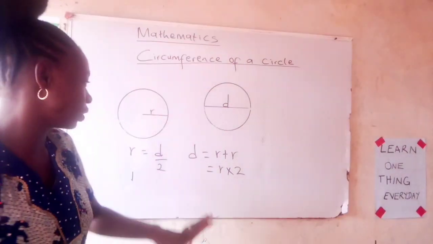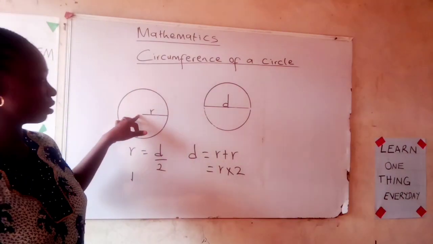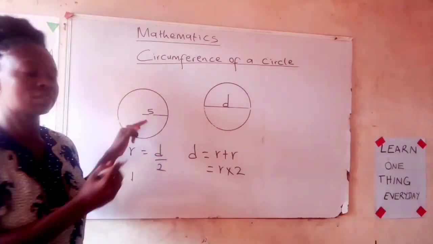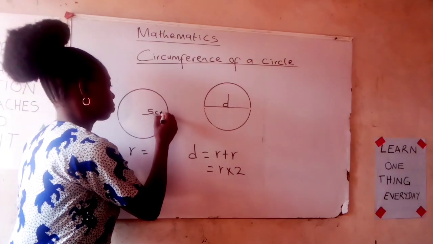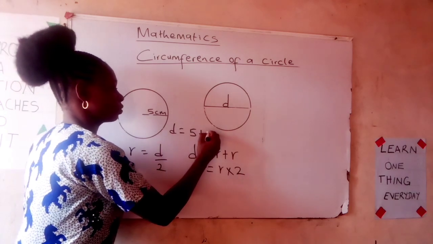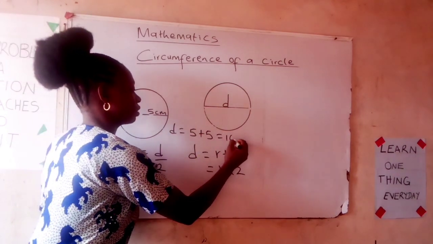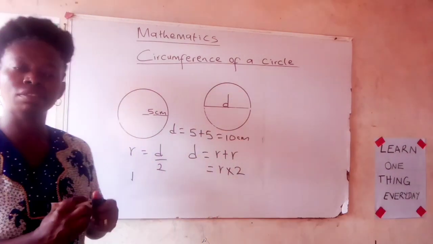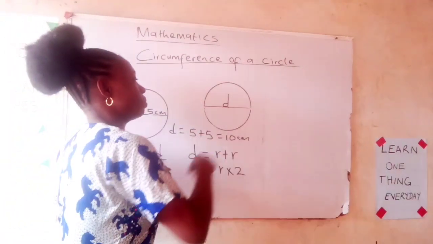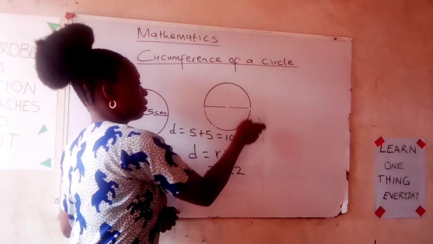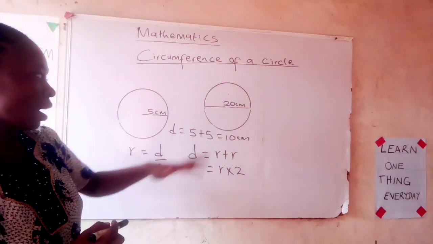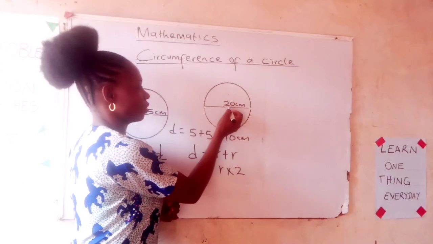So if you want to find the diameter of a circle of this radius, assuming this radius is 5 cm, the diameter will become 5 plus 5, which is 10 cm, which you can say 5 times 2. That's simple. And assuming this diameter is 20 cm, and you have to find R. R is half of the diameter.